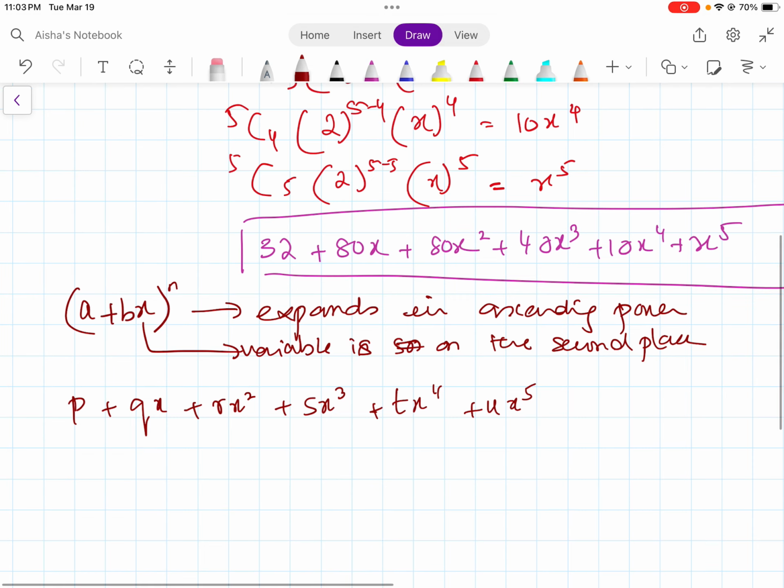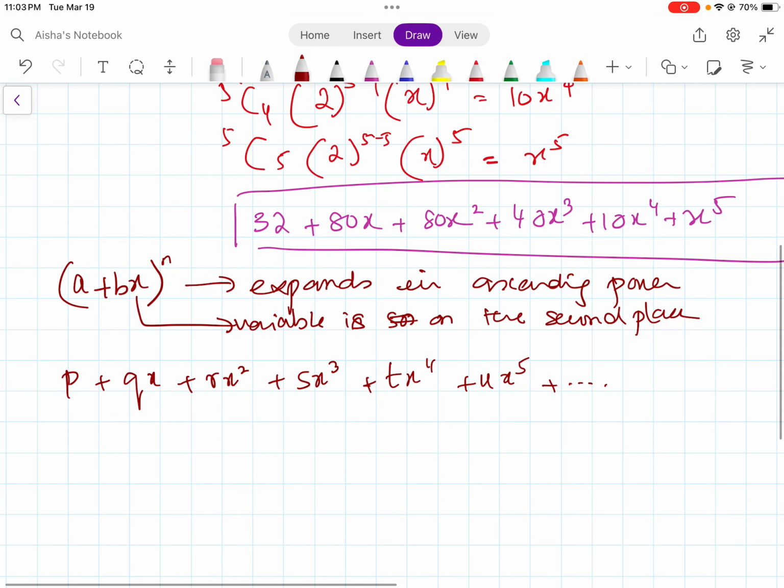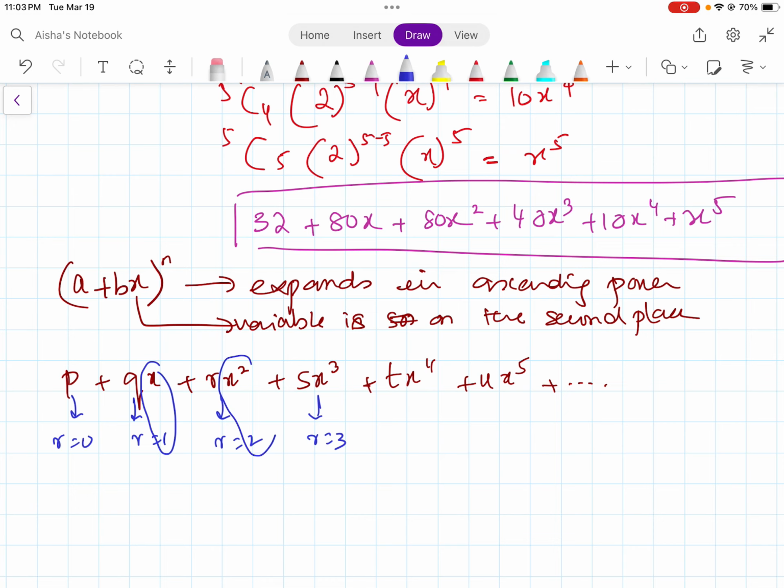Okay? Now this term you will get when r is 0, when r is 1, when r is 2, when r is 3. So when there's a variable on the second place, if you want the coefficient of x, you would take r is 1, x square r is 2, x cube r is 3. These are tricks that you need to know.